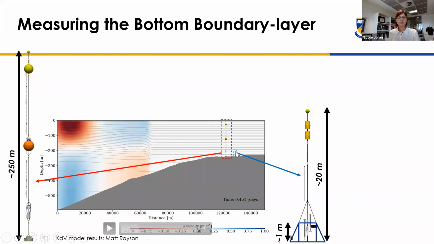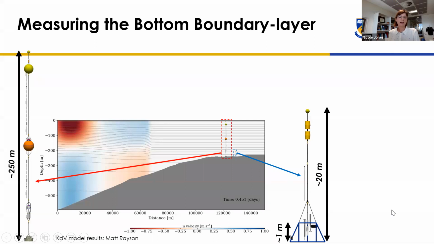And because we want to focus on the near bed region, we also deployed a Bottomlander, which has a height of about 1 metre. And above that, we had a much higher resolution thermistor string.